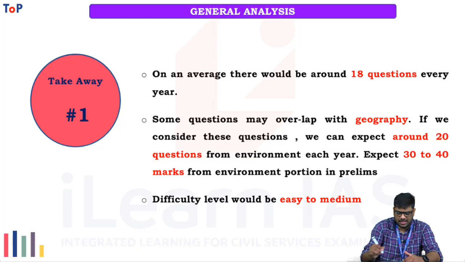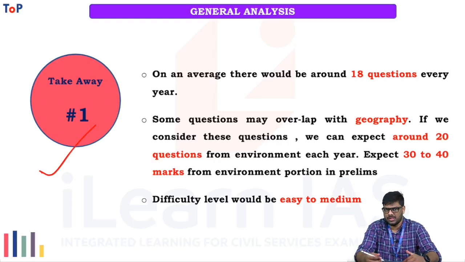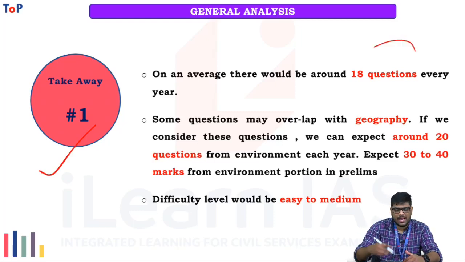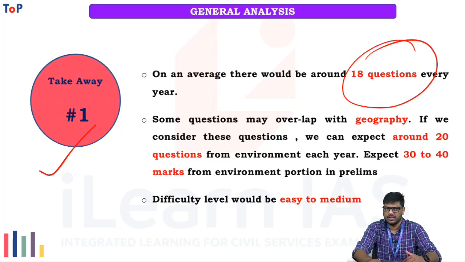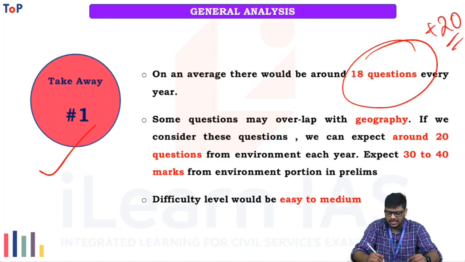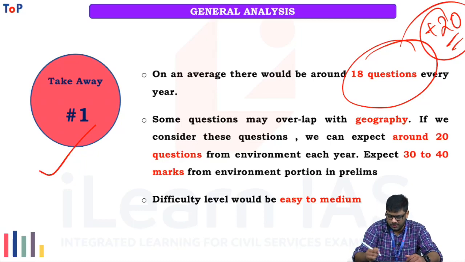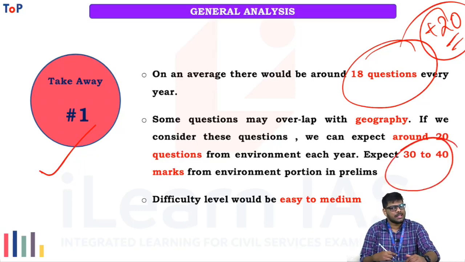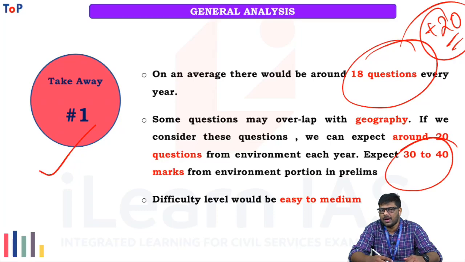So this is my takeaway number 1. Regarding the number of questions, the weightage of questions, there will be around 18 questions every year in UPSC's exam. Which means, if you consider geography questions that can overlap with environment topics, this number can go up to 20. Which means on a marks basis, you can expect up to 40 marks in every year's UPSC paper from environment portions alone.